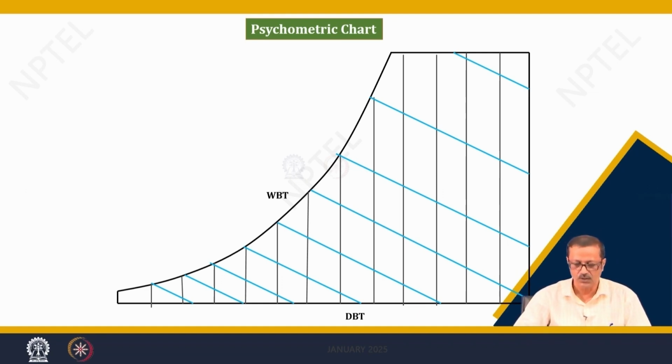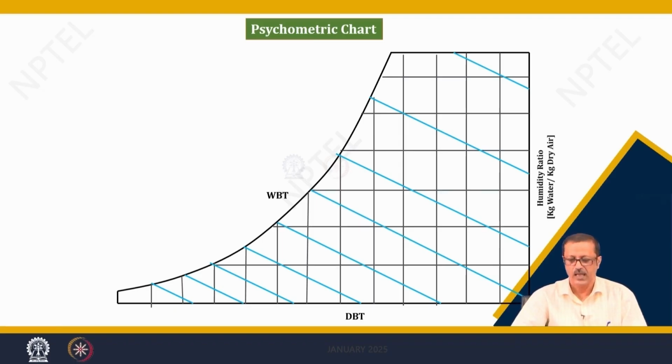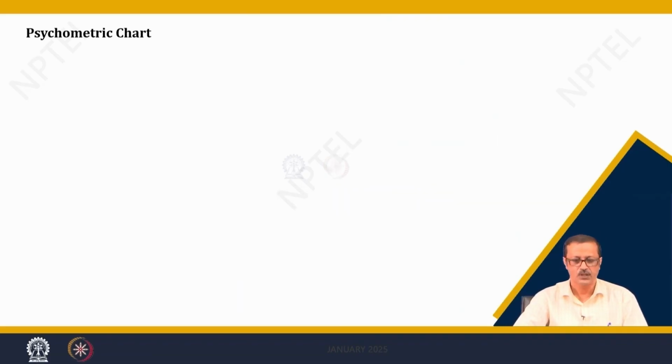Any cross section is a particular WBT and DBT combination, and the y axis is your humidity ratio. So, x axis is your DBT, y is your humidity ratio HR, and these curved axis and inclined lines are the wet bulb temperature.